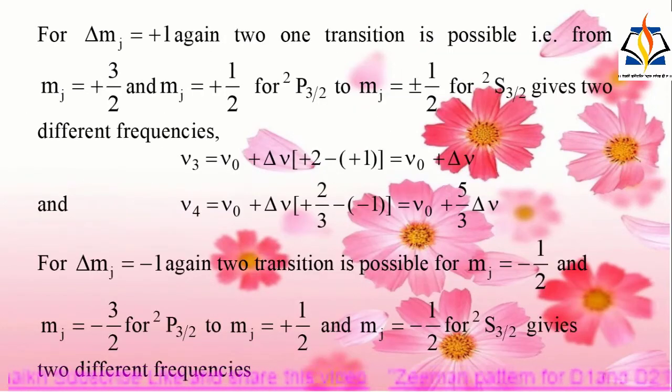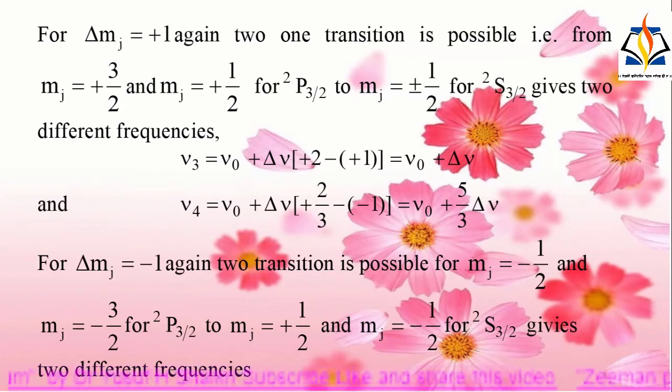For delta mj is equal to plus 1, again one transition is possible, that is from mj is equal to plus 3 by 2 and mj is equal to plus half for 2p 3 by 2 to mj plus minus half for 2s 1 by 2, which gives two different frequencies.